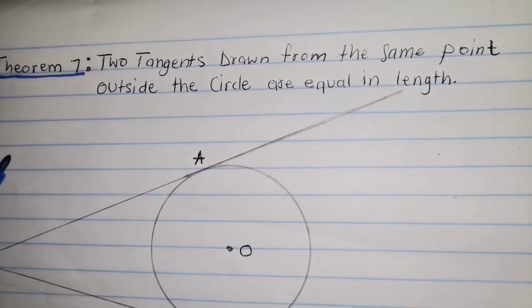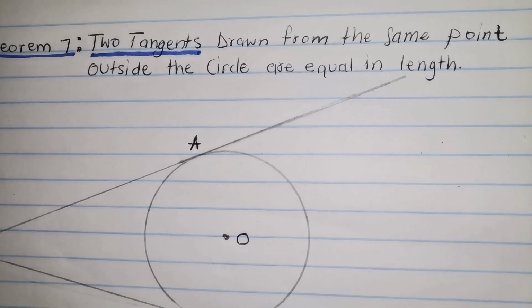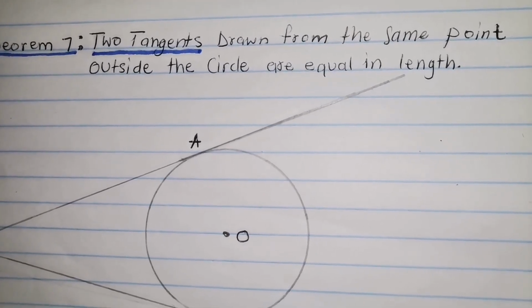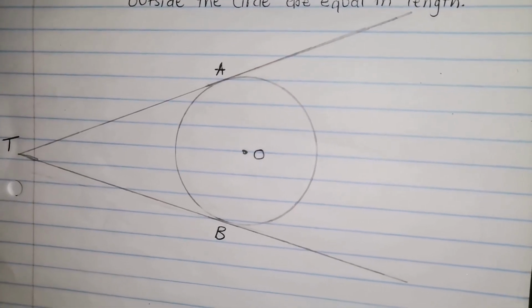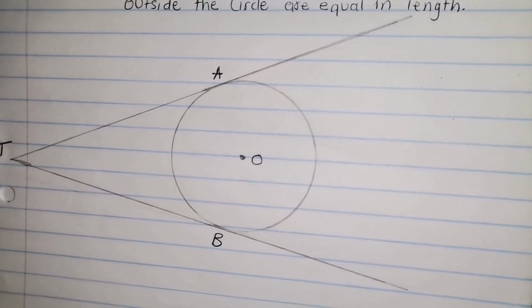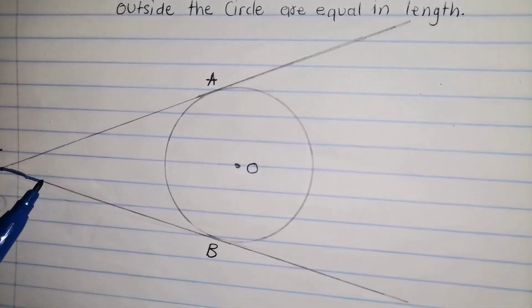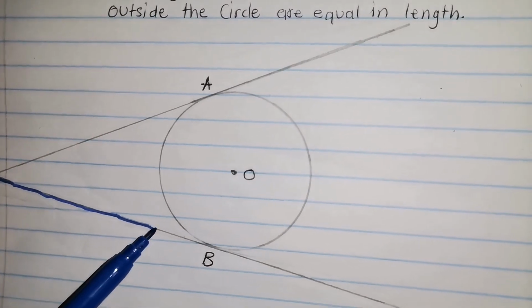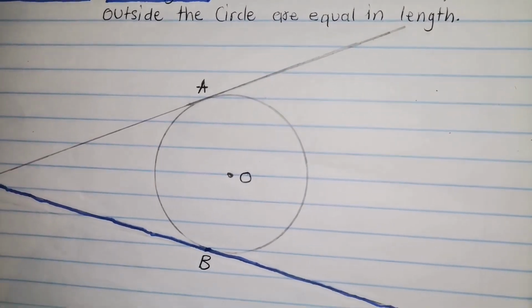It says that two tangents. What is a tangent? A line that touches the circle at one point outside of it. In this case, which lines are tangents? These two lines. Line TB is a tangent because it touches the circle at point B outside of it.